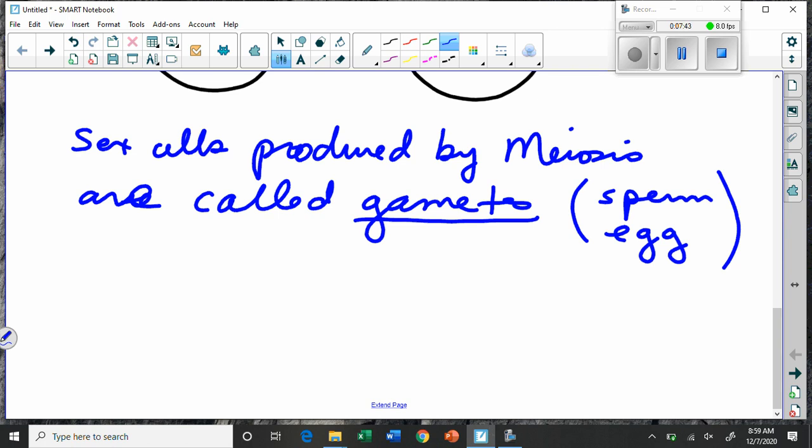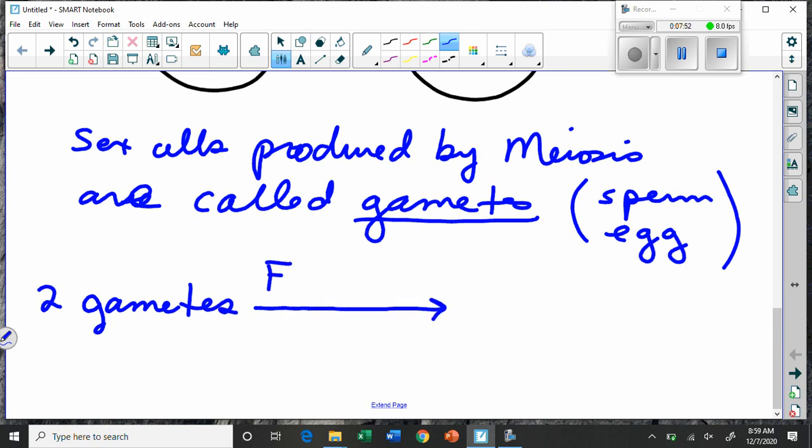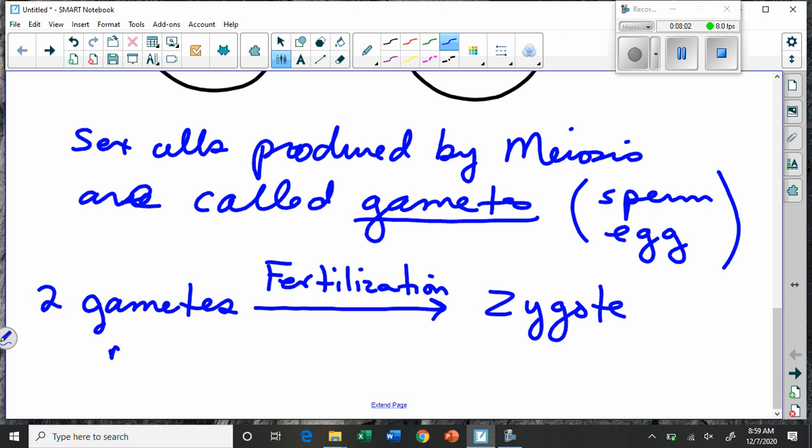So those are called gametes. When 2 gametes fuse in the process of fertilization, when the sperm meets the egg, that produces a zygote. And it's important to remember that gametes are N. They are haploid. From now on, we're just going to use N to represent haploid.